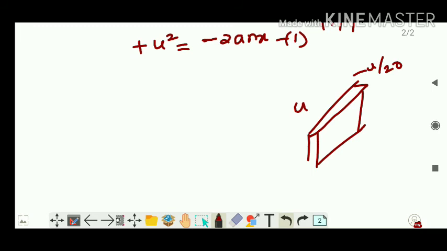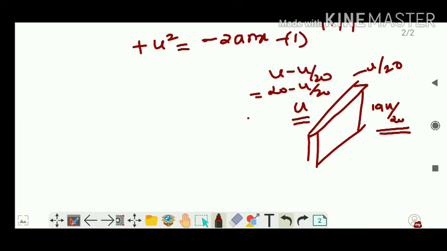So the rest of the velocity would be u minus u by 20, which is 20u minus u by 20, that is 19u by 20. Clear? Easy, right? That is a very easy calculation.